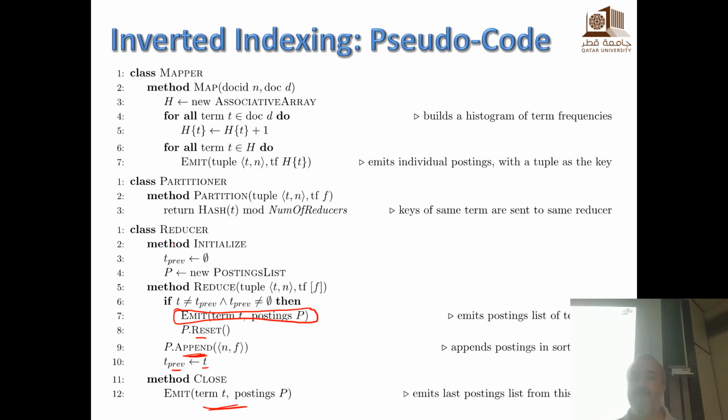Rather than emitting each word separately. It's not, because in-mapper combining uses the fact that the state is kept across different calls of the map function, which is not used here. This is very local to one document.